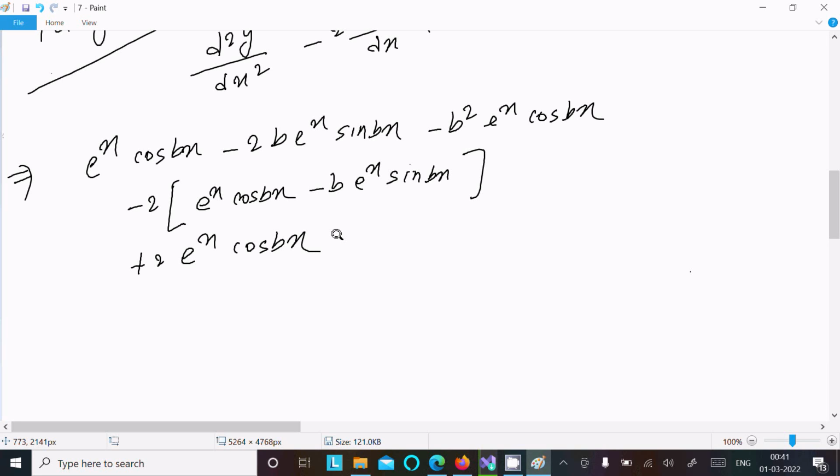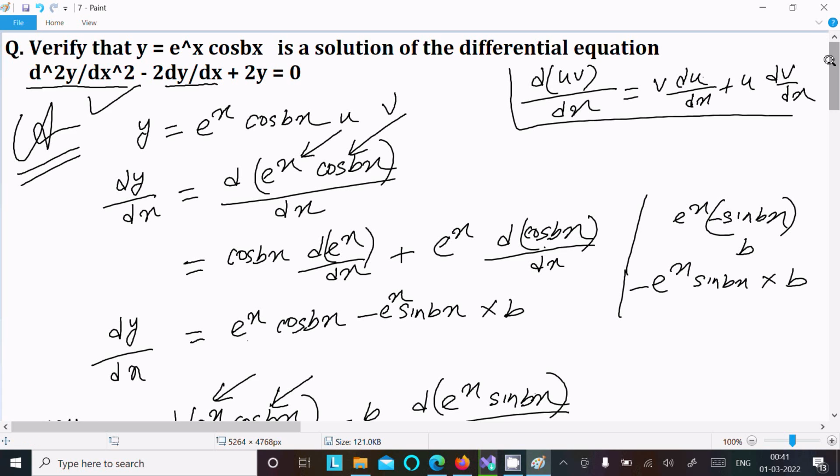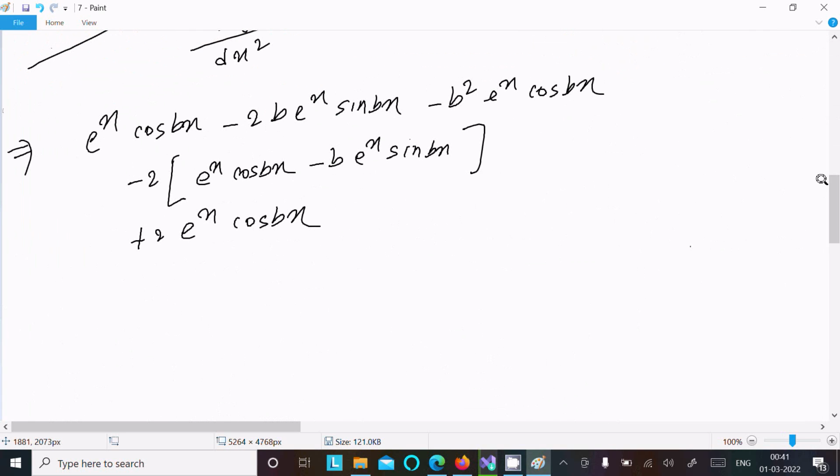Okay, so this is the thing. Now after doing this, we need to simplify and try to get the output.